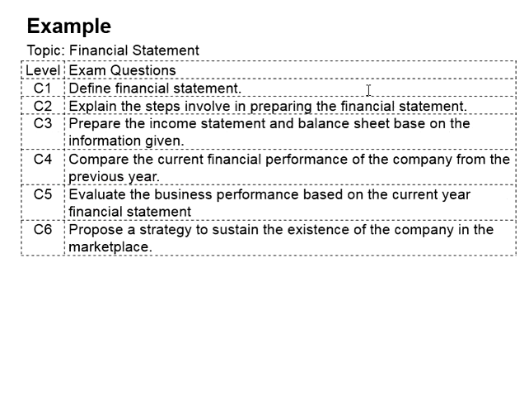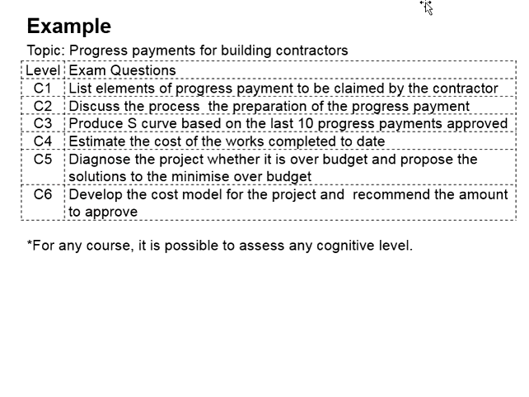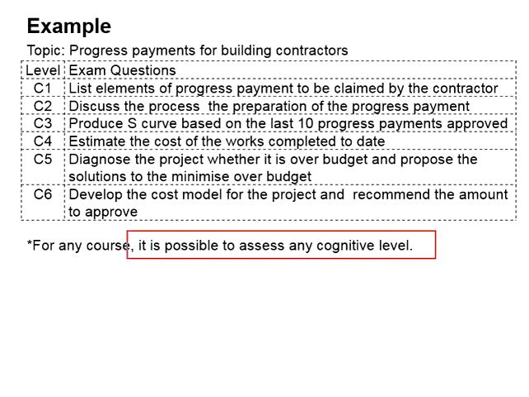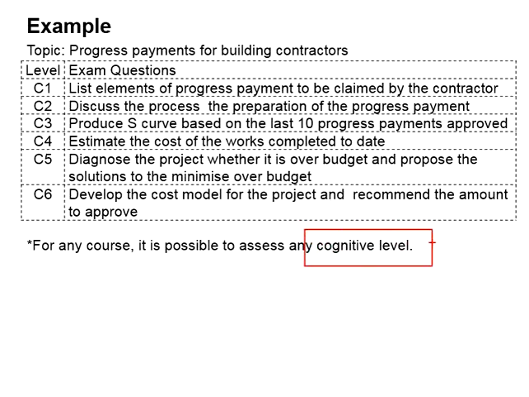Now we have gone through 3 examples here. You see now, for any course and any type of topic, it is possible to assess any cognitive level. The cognitive level will be determined by how you set the question. I cannot emphasize this more, as I always observe many lecturers having this problem.